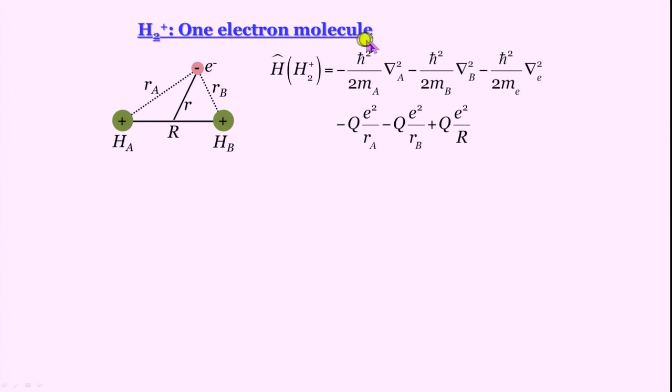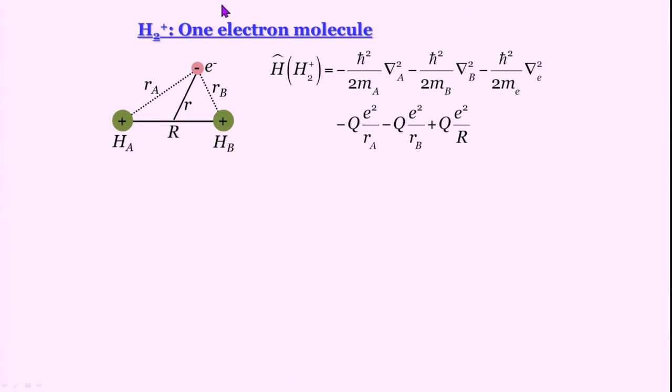First we write the kinetic energy term of the first nucleus, Ha, then the kinetic energy term of the second nucleus, Hb, then the kinetic energy term of the lone electron. This electron is attracted by both the nuclei, so there will be two attractive potential energy terms, and finally there is internuclear repulsion.